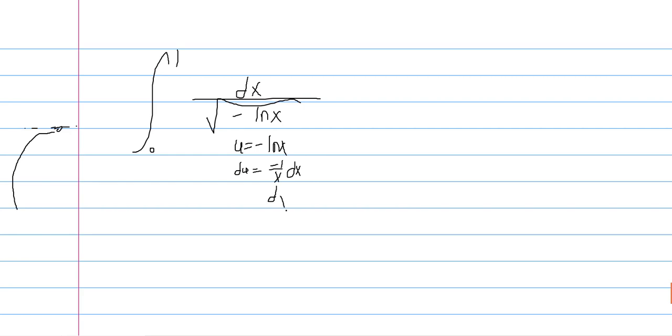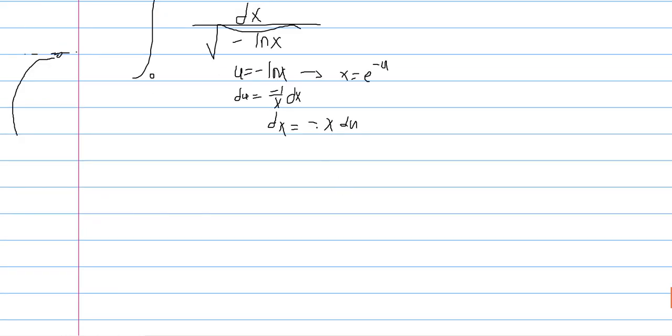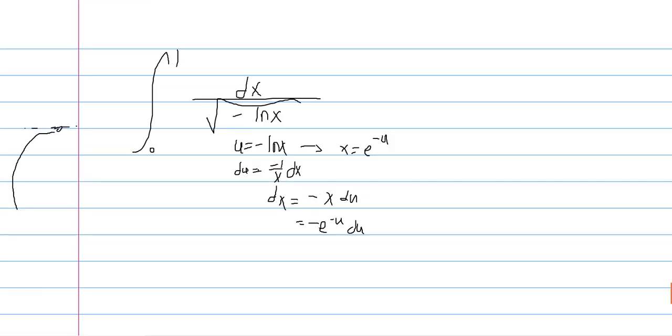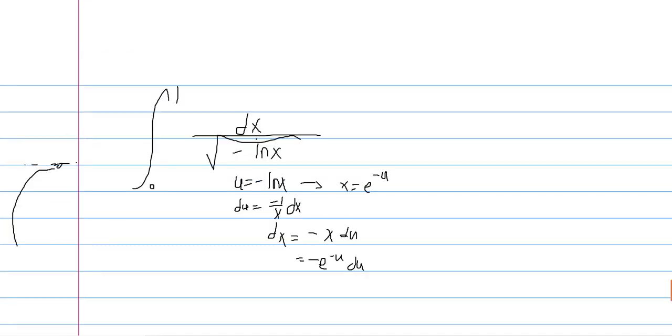So dx equals negative x du. And if we rearrange this equation, we get x is e to the negative u. So then dx is equal to negative e to the negative u du.